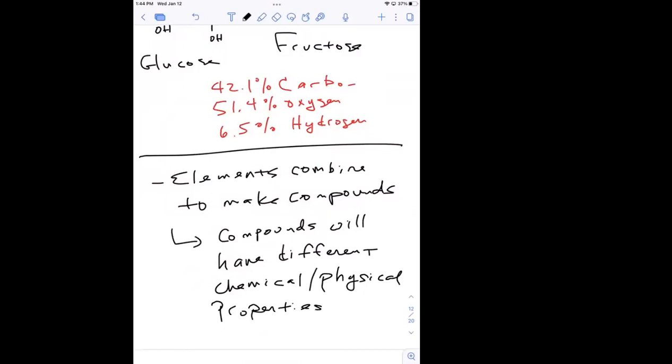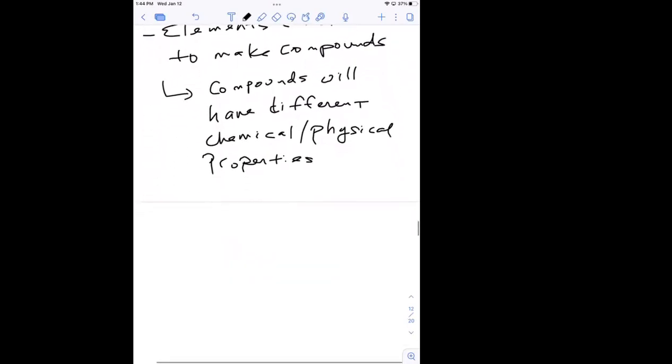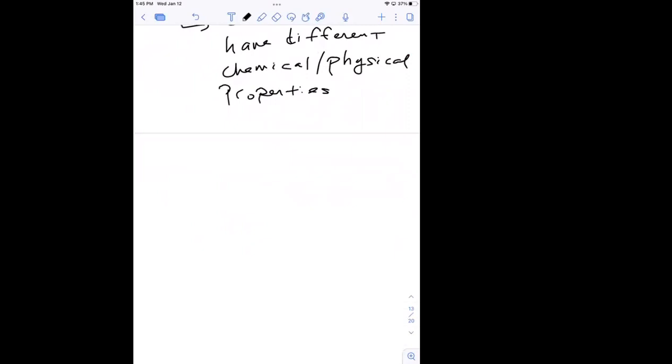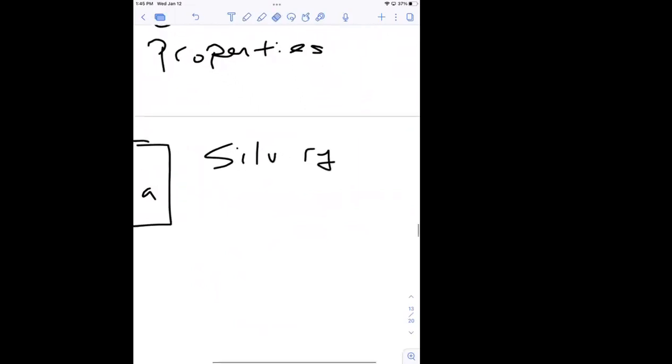All right. So elements combine to make compounds. The compounds that they make are not going to have the same chemical and physical properties. And let me go back to an example that we've already looked at. So we take sodium, a block of sodium, right? This is a very soft, silvery solid. It looks kind of gray, grayish silver.